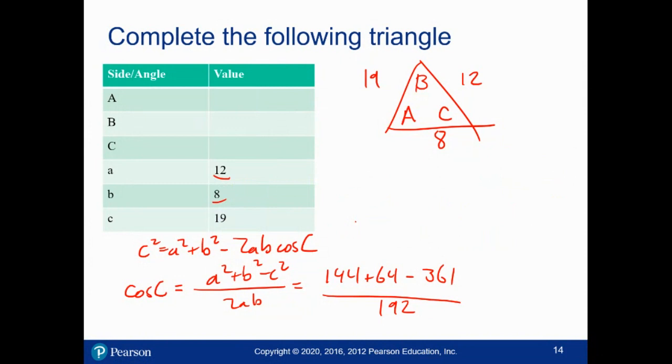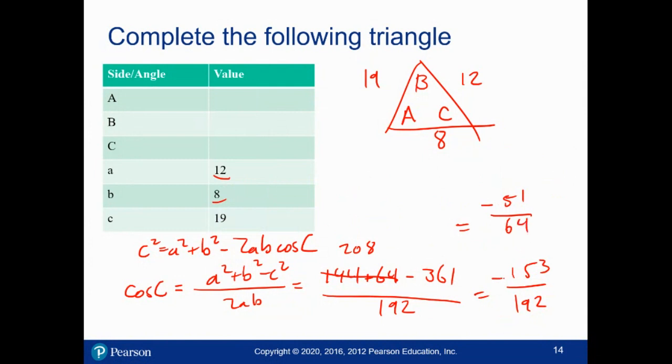144 plus 64 is 208. 208 minus 361 is 153, but it's negative. So negative 153 over 192. Both of those happen to be divisible by 3, which is not really a required step, but I'm going to go ahead and do it. So this is minus 51 over 64.